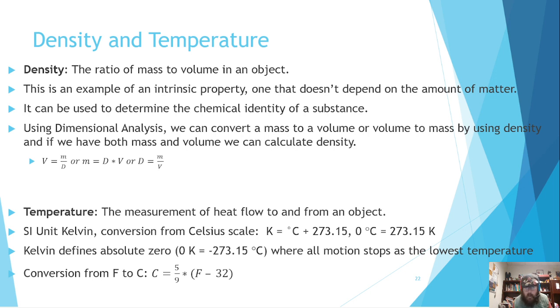So, why do we add 273.15? Well, because the zero value for Kelvin is the absolute lowest temperature that can exist in the universe. If we reach 0 Kelvin, all motion stops, even on the atomic level. Even when things are frozen, the atoms are vibrating.